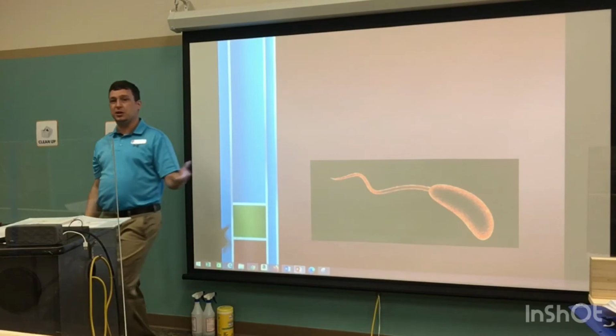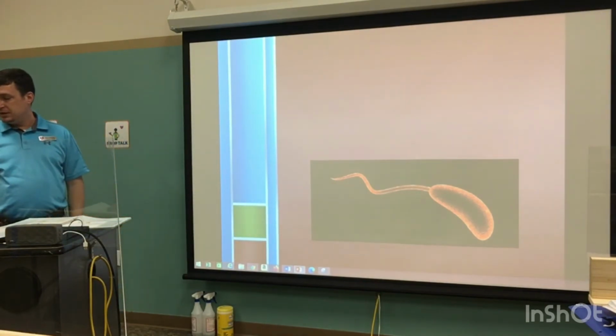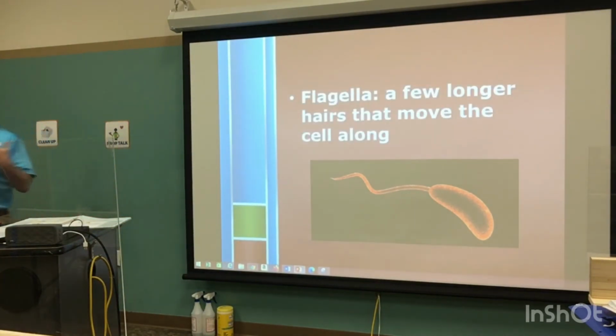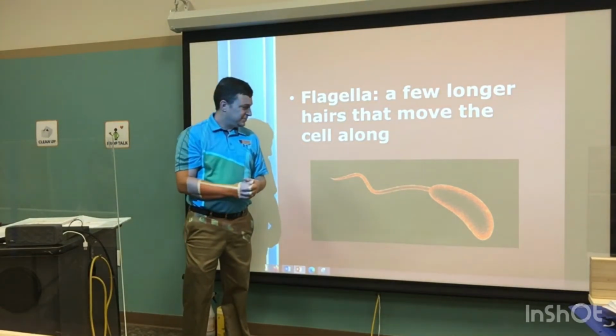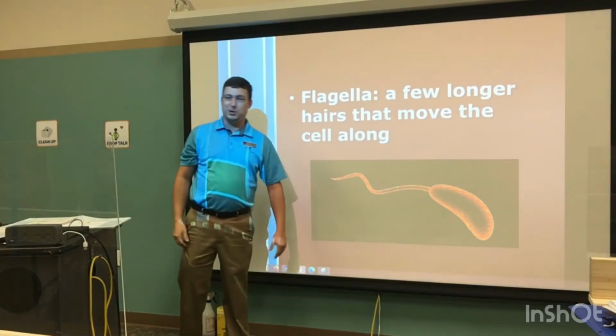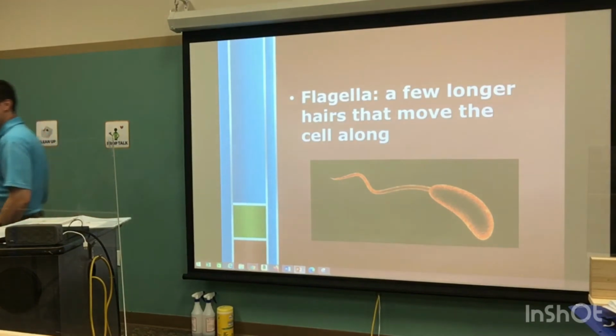This specific cell has one flagella, and a flagella is a big, long, whip-like hair that it basically just flops along to help it move through liquids or move through its environment. It kind of does look like a corn dog on a stick. Alright, so let's all add in flagella, please. You can see that's a picture of a cell with that flagella attached. A nifty tail that helps it move around.